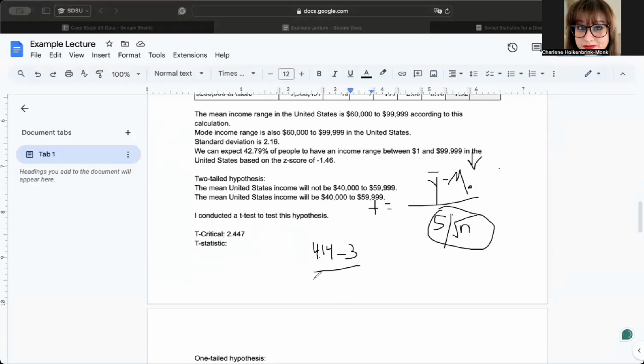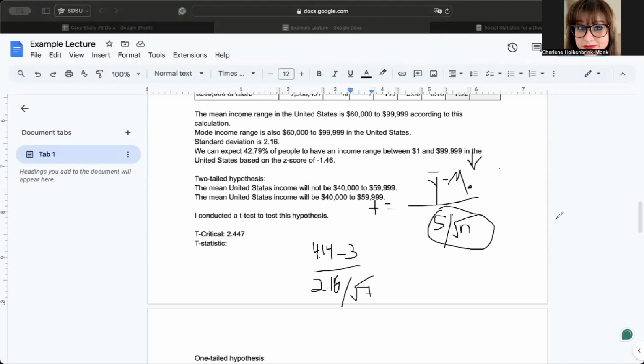Then I'm going to take my standard deviation that's in here. In this particular case, mine is 2.16. Yours is going to be different. Divided by the square root of n, or in this particular case, the square root of 7. So that now becomes what I'm trying to run my calculation on.